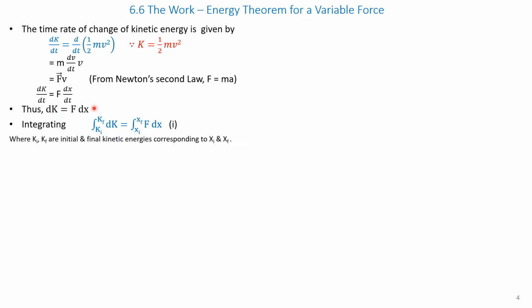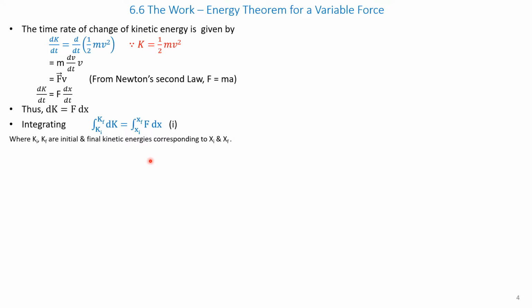Integrating this equation, we get the integral from Ki to Kf of dK equal to the integral from xi to xf of F dx. Here Ki and Kf are initial and final kinetic energies, and xi and xf are the initial and final positions.